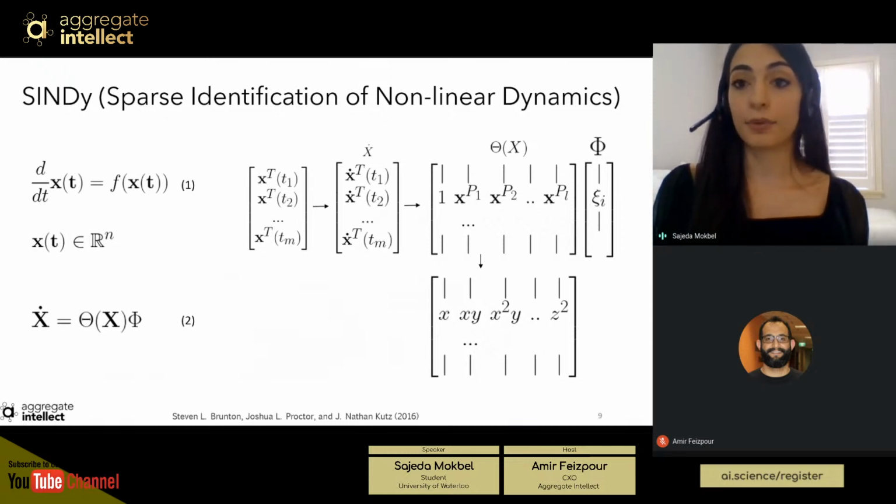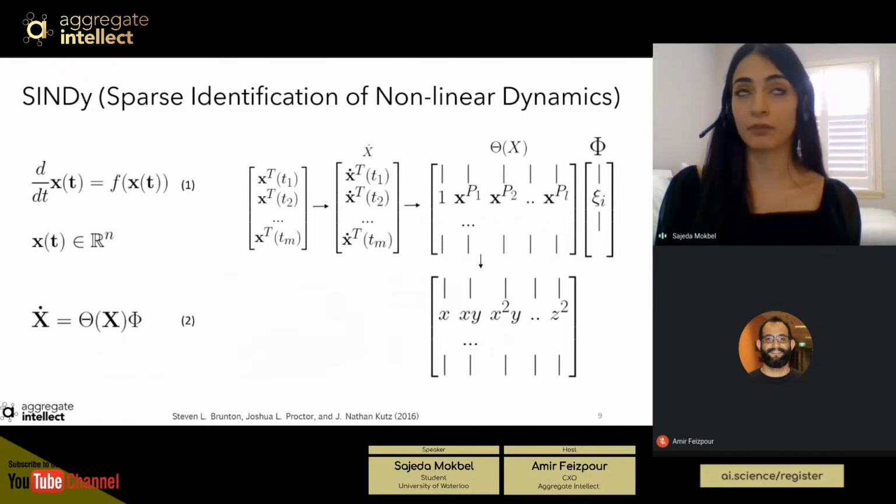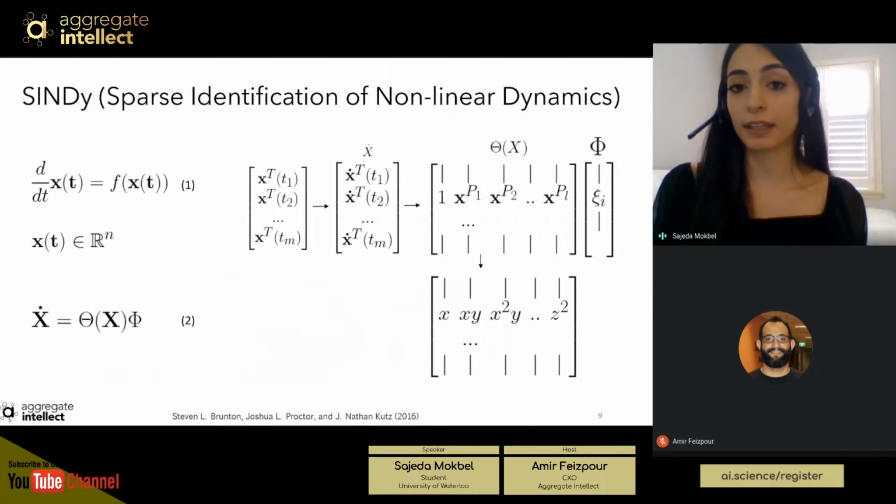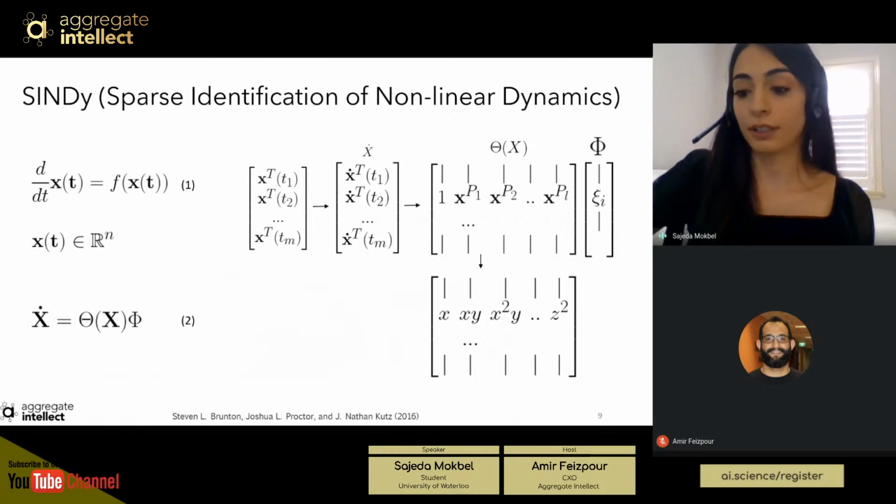And when I say this library of possible functions, it can be just any general thing like polynomial functions with trigonometric functions, just anything that can describe the dynamics of the system. So given a set of high dimensional data, we want to find this function f that can describe it with the least coordinates possible.